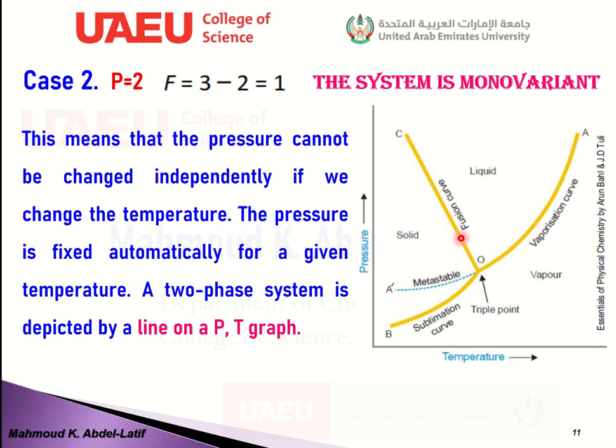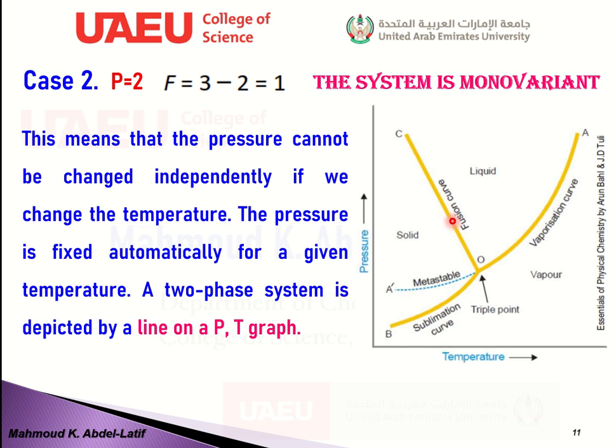For example, if you are at that point and you would like to go from here to here, and you need to keep the two phases, if you change the pressure, the temperature will change automatically. So you are not free to change temperature in this direction. If you move in this direction, you will go away from the equilibrium between liquid and solid. So if you change pressure, the temperature will be changed automatically.